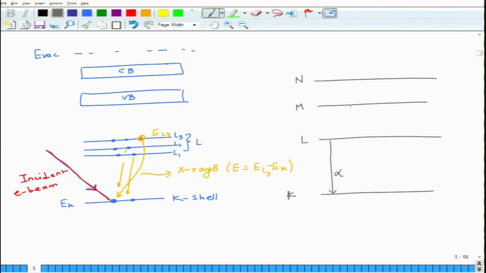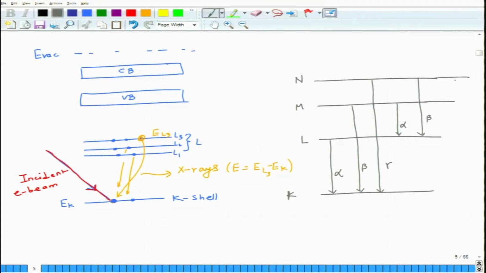Transition from M to K is referred to as beta transition, and transition from N to K is referred to as gamma transition. Similarly, in this case, this will be alpha, this will be beta.